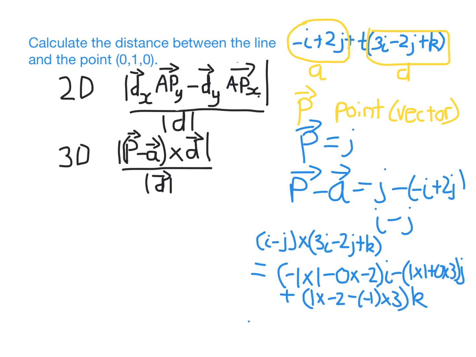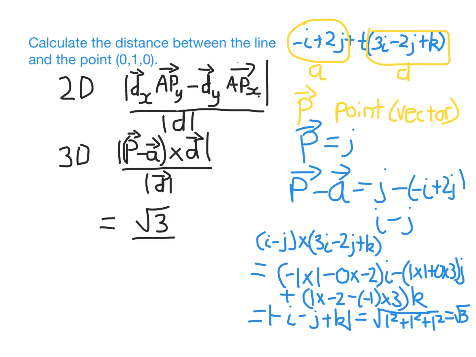So that gives us the vector negative i minus j plus k. The magnitude of that is simply the square root of 1 squared plus 1 squared plus 1 squared, the sum of the squares of each of its components. It is root 3. So in our calculation, root 3 goes on top.